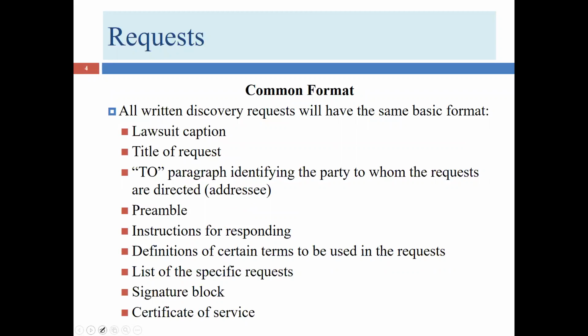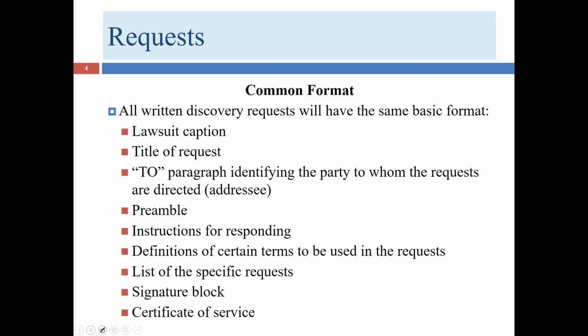So let's talk about the things that these written discovery tools all have in common in terms of structure, and we'll see that they are very similar. You will see that there's going to be a caption to the lawsuit. It'll be the same caption that you used on the pleadings and which you'd use on any motion. Then you'll have the title of the request.